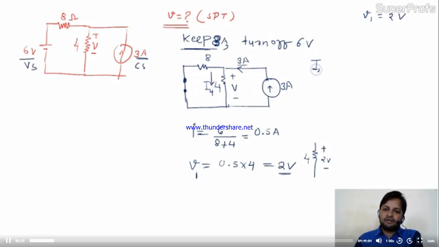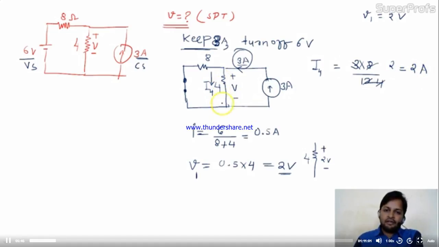Suppose I'm giving the name I4. This I4 is nothing but the main current or source current 3A multiplied with opposite branch resistance, divided by summation of all. So this is 12. 3 4s are 12, 4 2s are 8. So you are having 2 ampere current.